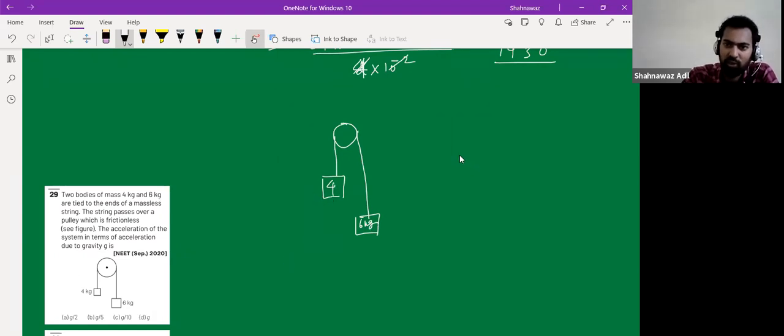So we have to write two FBDs for the two blocks. This is tension, and this is the heavier one, with acceleration here and tension and acceleration here. For the 4 kg block, we have tension, acceleration, and weight.